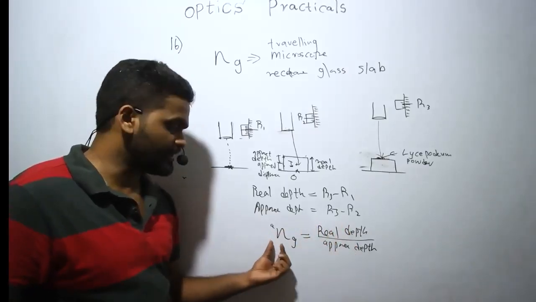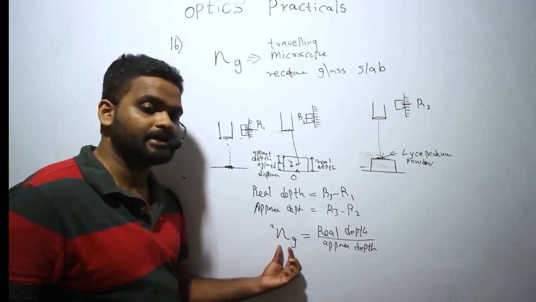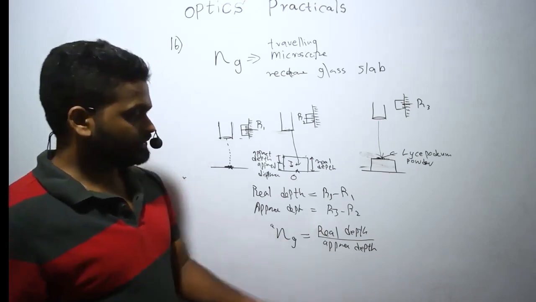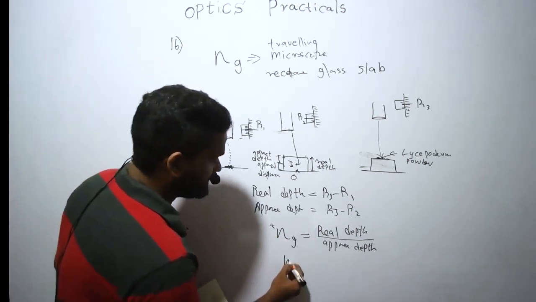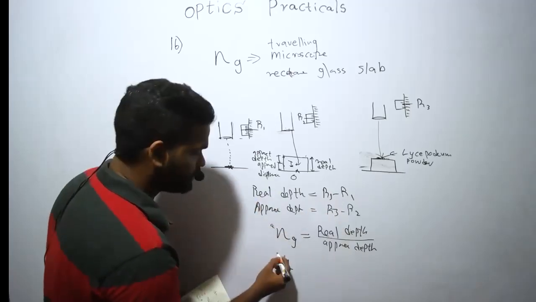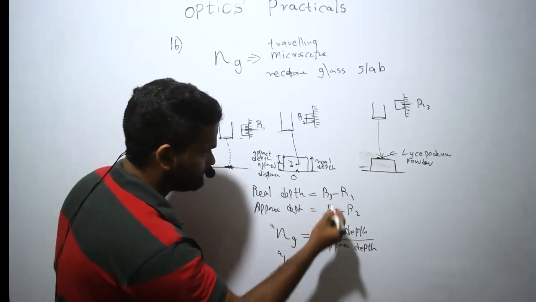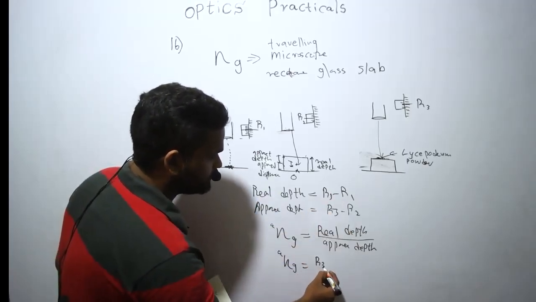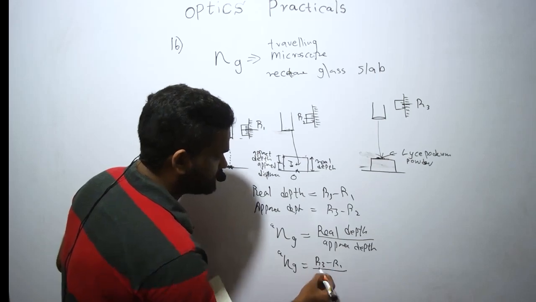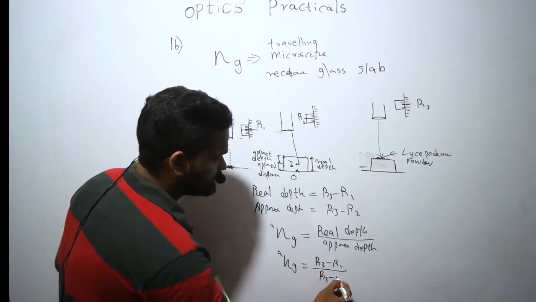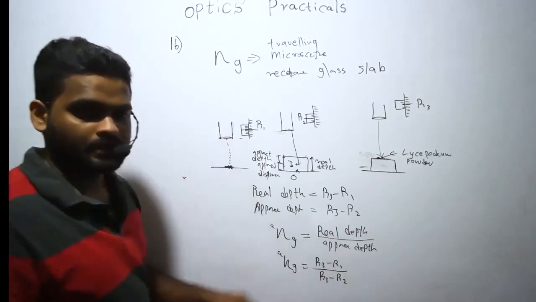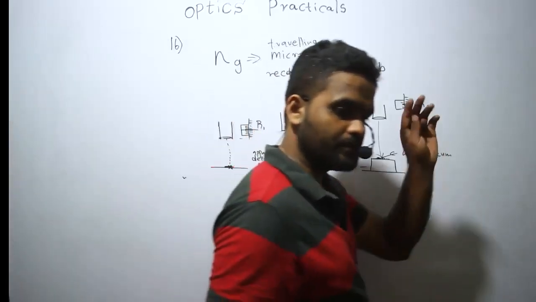So this becomes the refractive index of glass. Since you know these values, you can simply substitute them. Real depth is R3 minus R1. Apparent depth is R3 minus R2. Okay, take it down, and once you take it down, thumbs up.